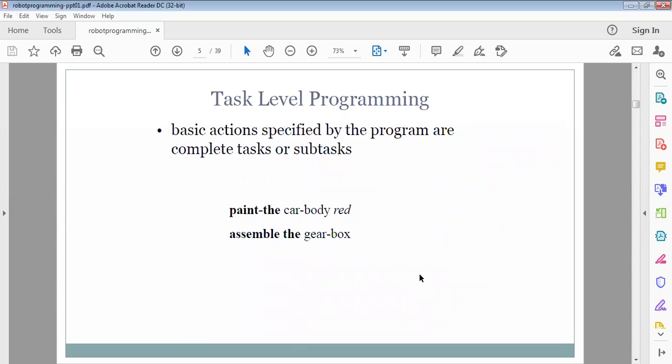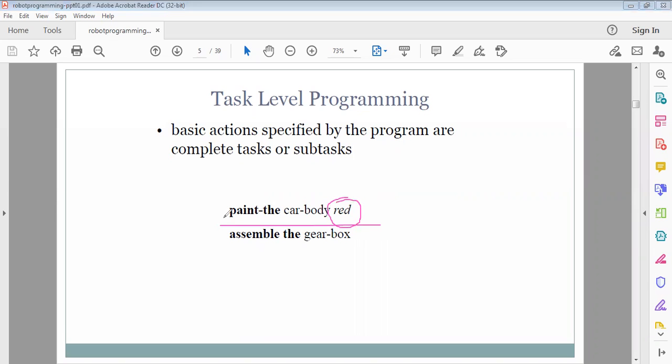So next, task level programming. What is task level programming? In this, the basic actions are specified by the program, whether the task is complete or not. What are the other subtasks involved in the action of the program? For example, consider painting the car body: paint the car body red color.